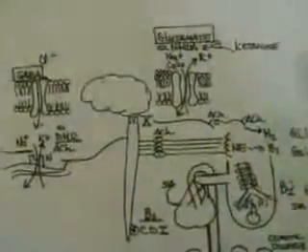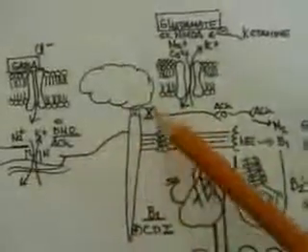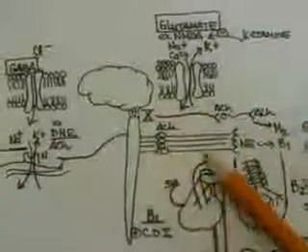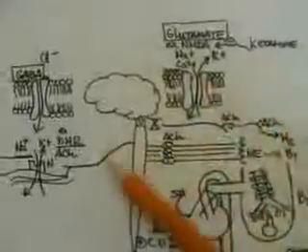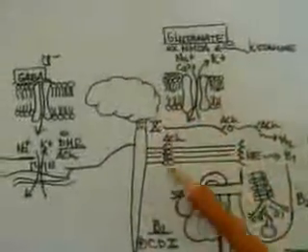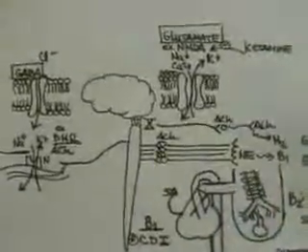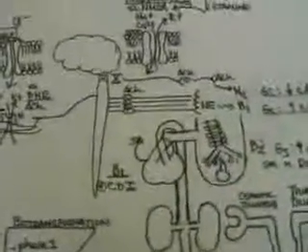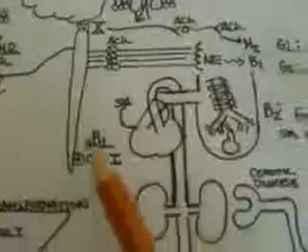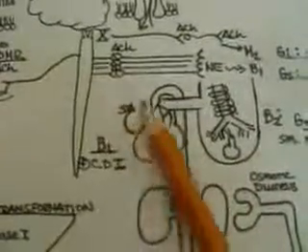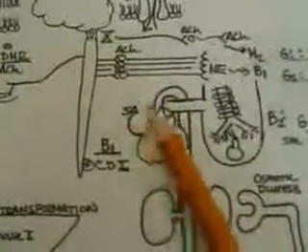Then we'll talk about the autonomic nervous system in terms of the parasympathetic tone and the sympathetic tone, and how these affect primarily the cardiovascular and pulmonary systems. The SA node of the cardiovascular system contains the muscarinic 2 receptors and the beta 1 receptors.